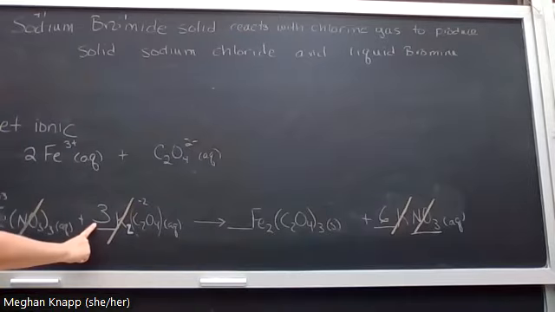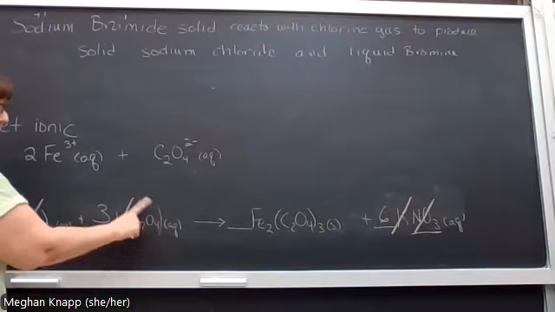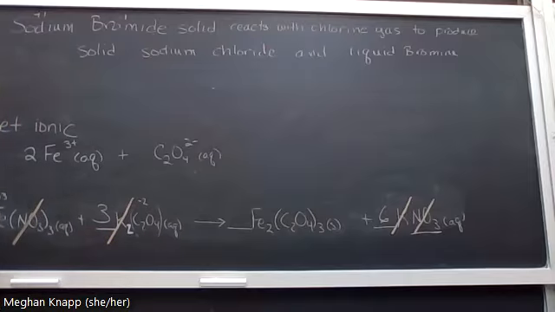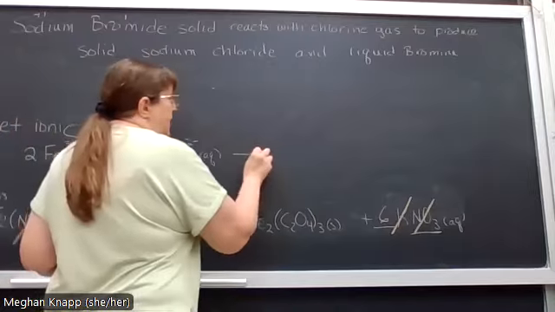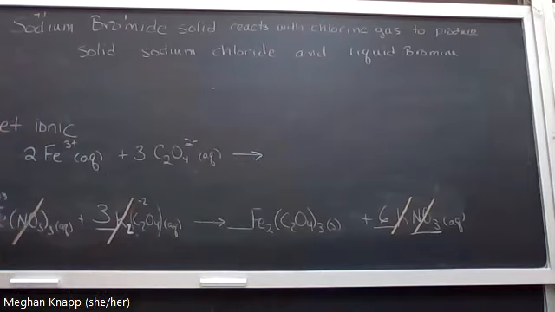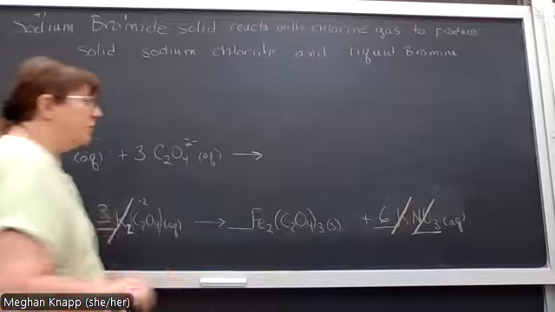And I'm going to apply this coefficient. And if there happened to be a subscript around the parentheses, I would multiply them, but there's not. So this is going to be 3C2O4. And then on the other side, I should have either a liquid or a solid that I'm writing down. So it was liquid water over there. On this side, it's going to be the solid iron 3 oxalate.